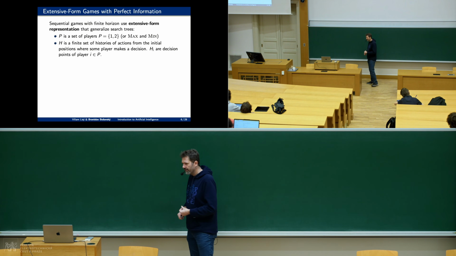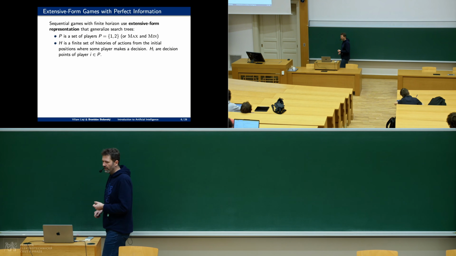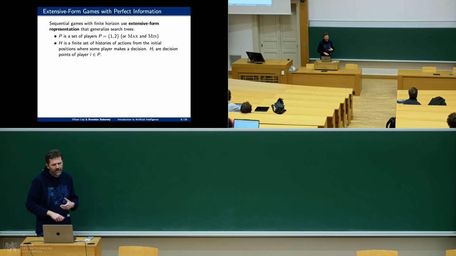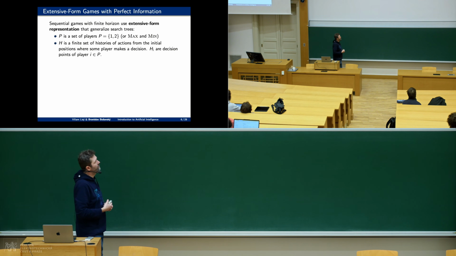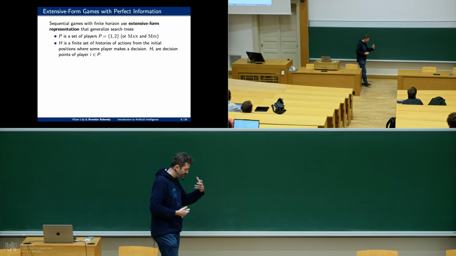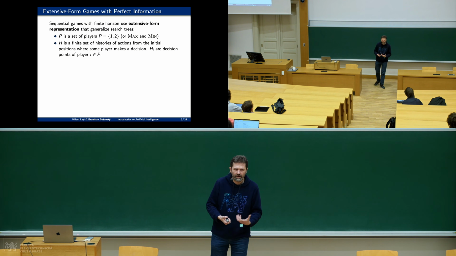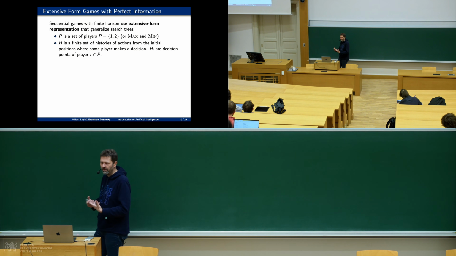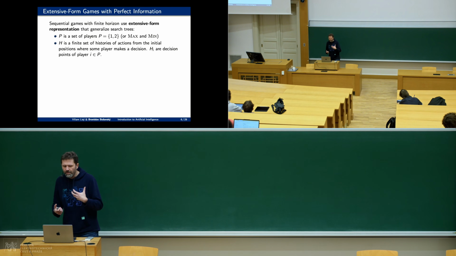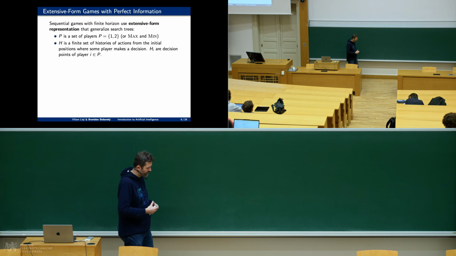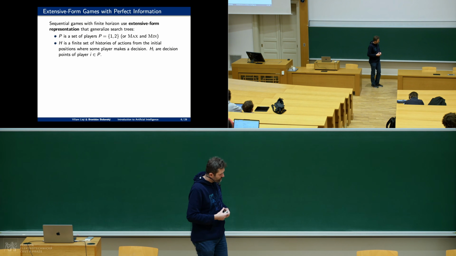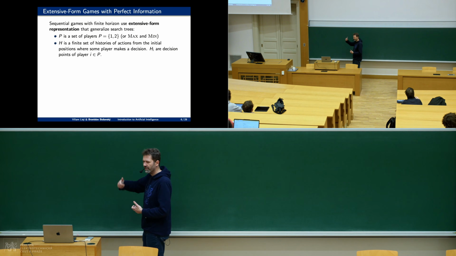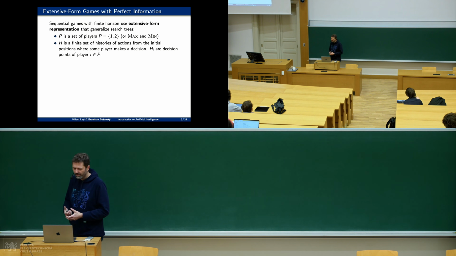Then we will have a finite set of histories, and these histories are basically decision points in the game, or basically states of the game. If you recall, when we discussed how we can formalize the state of a game, for example for chess, we arrived at the conclusion that remembering the history is a valid representation, because we don't have to remember all positions if, for example, there wasn't a threefold repetition and so on.